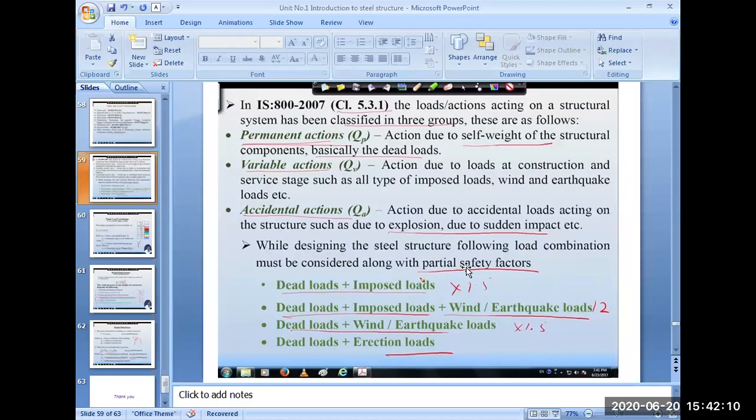That impact action may be due to an earthquake or due to any machine falling on the floor. At that time impact load will come on our structure.